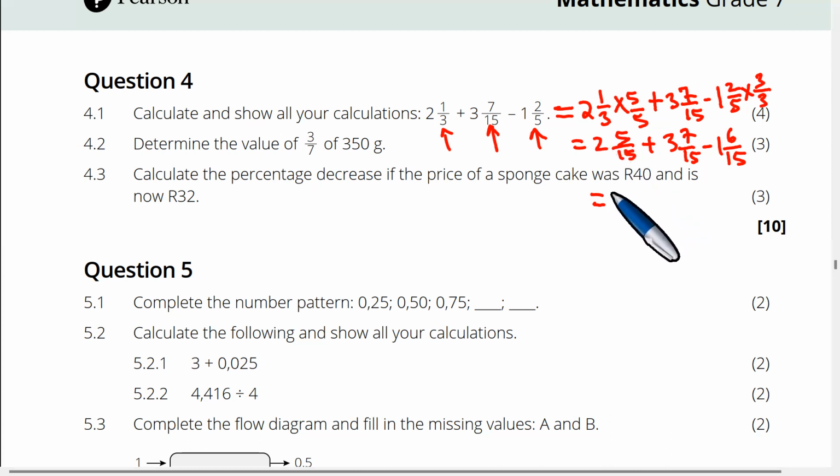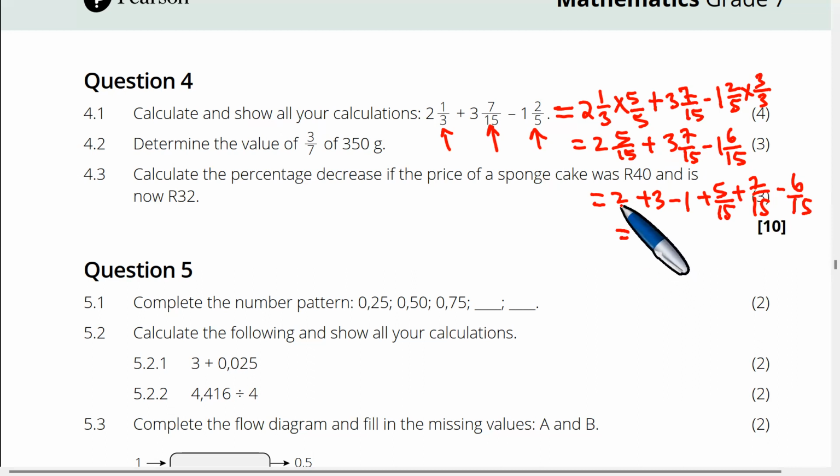You add the 2, and then you add the 3, and then you subtract 1, and then you add the 5 out of 15, and then you add the 7 out of 15, and then you subtract here the 6 out of 15.